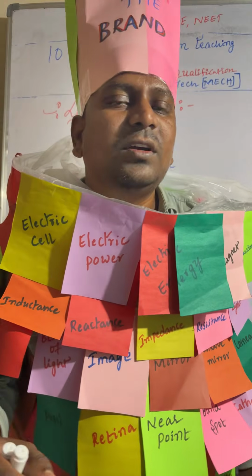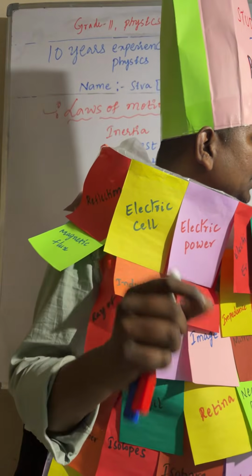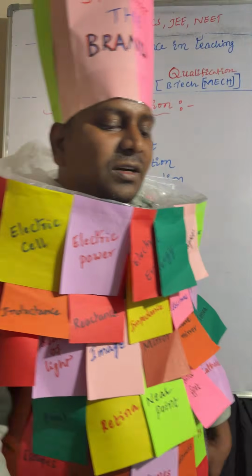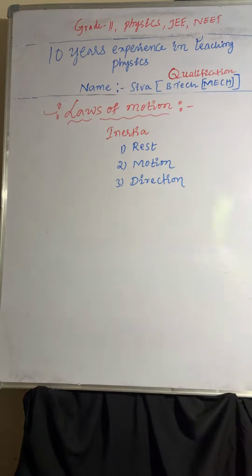Understood? So this is about inertia of rest, inertia of motion, inertia of direction. These are the 3 points. I hope it is very clear. Is it clear?